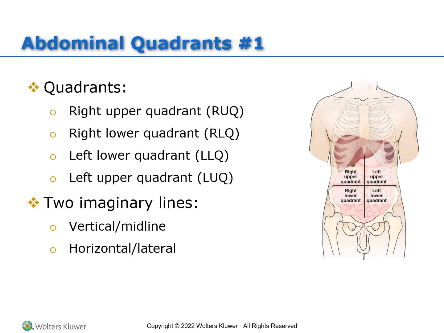Now, just for your benefit, I'm going to tell you what those 9 regions are. Again, 3 of them that we use frequently are epigastric, umbilical, and hypogastric. So the 9 regions are the hypochondriac region, left and right. This just means hypo, that they're below the chondriac, or right below the cartilage of the ribs.